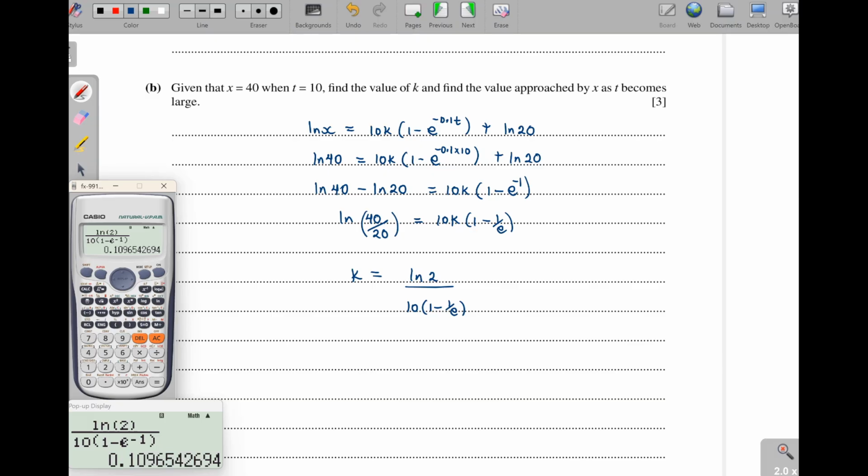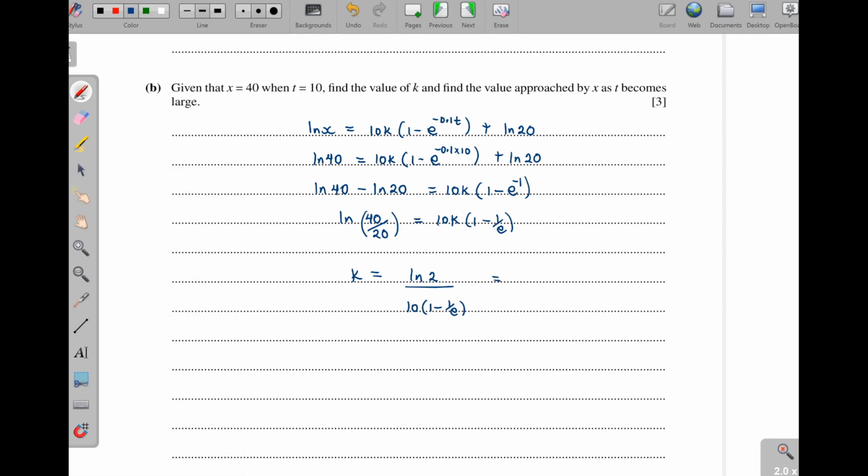So we have 0.109654. Okay, and I can leave it there. So this k maybe to 3 significant figures, or I can just leave it like that. Okay, if you want you can write it to 3 significant figures, but that one's okay.